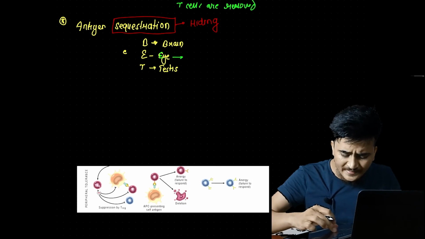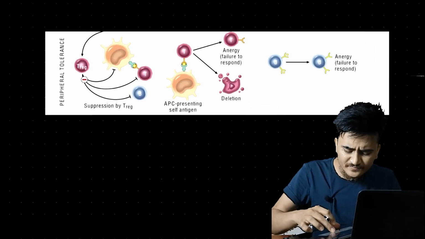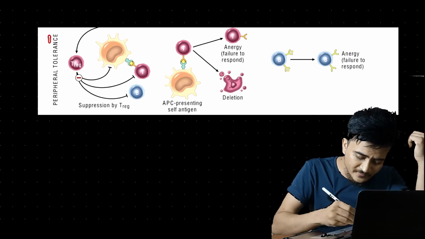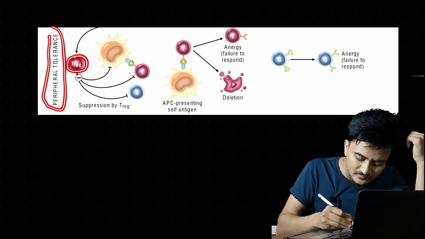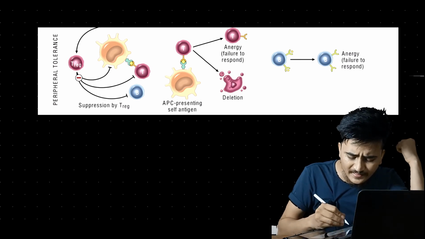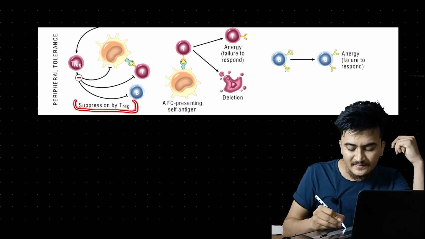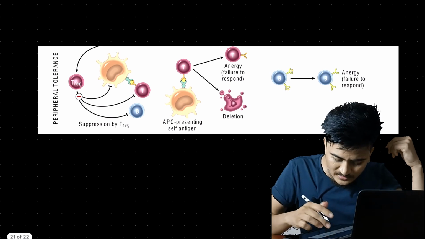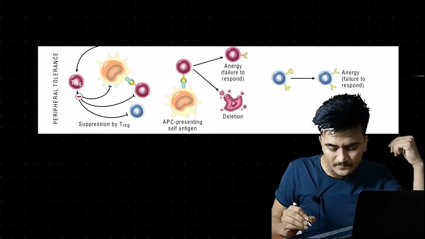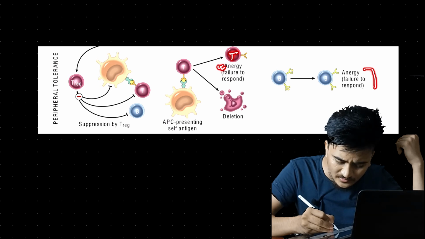Now as we have already discussed peripheral tolerance, let us see the several mechanisms of peripheral tolerance. Under peripheral tolerance you can see there is T cell regulator, and T cell and B cell maturation are being suppressed by the T cell regulator. You can see here anergy, which means failure to respond. And here you can see T cell anergy.